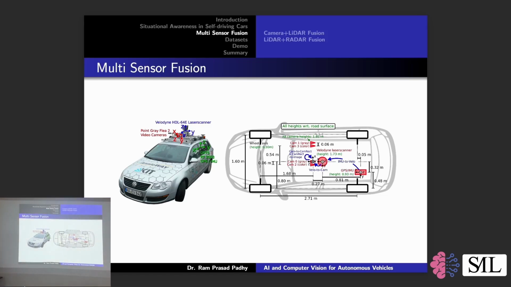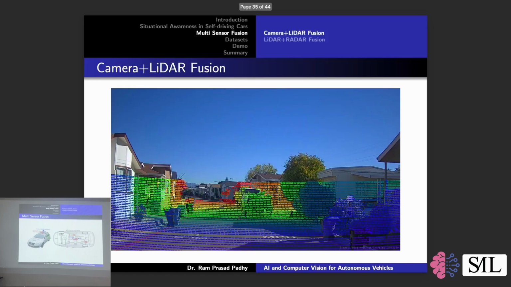This is one image that I have taken from a very famous dataset, the KITTI dataset. That is the self-driving car dataset that researchers generally use when they start working on self-driving cars. Apart from that, there are other datasets also. This is the camera-LiDAR fusion, where we have fused the data so that even when there is some free space, it is visible with the LiDAR.